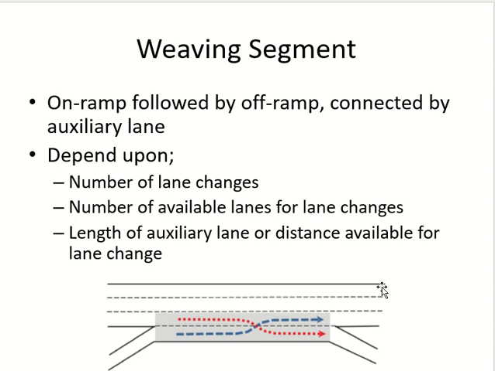Okay, so two main things for the weaving segments: on and off ramps are close to each other, so they are affecting, and there is an auxiliary lane which is connecting them. Clear? What are the important things on the weaving segment in terms of traffic flow? Number of lane changes. How many lane changes are required by the people who want to go from one direction to the other?